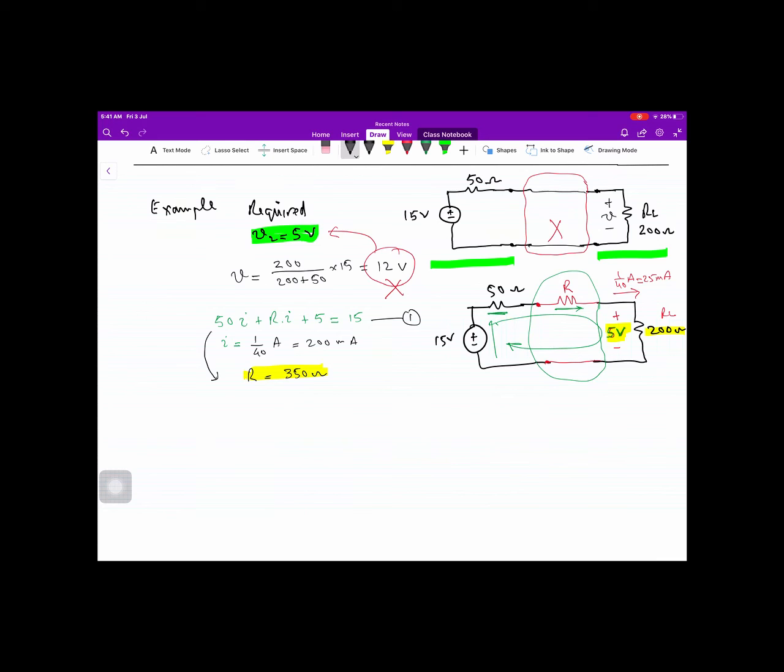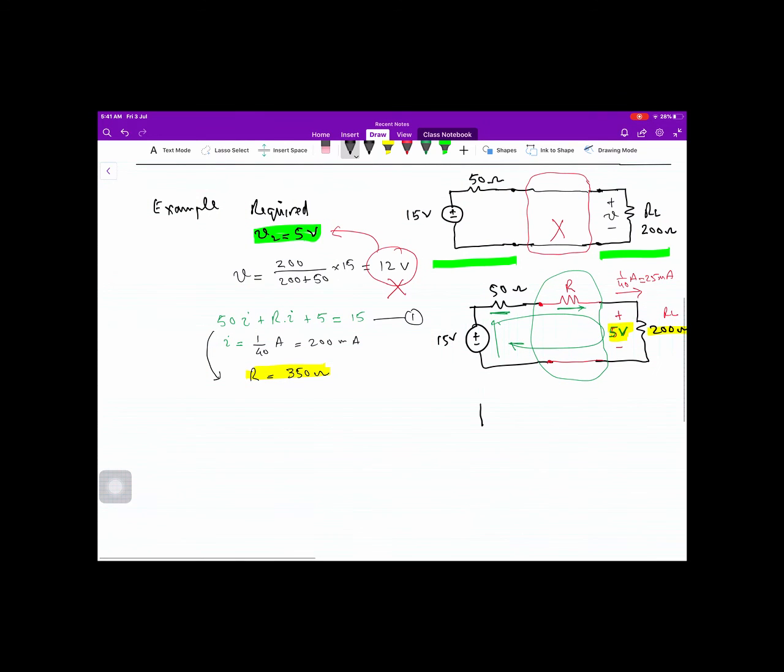Again, I repeat the circuit over here in order to see another possibility of the interface resistance. It is the same resistance, RL is equal to 200 ohm, and the interface over here.